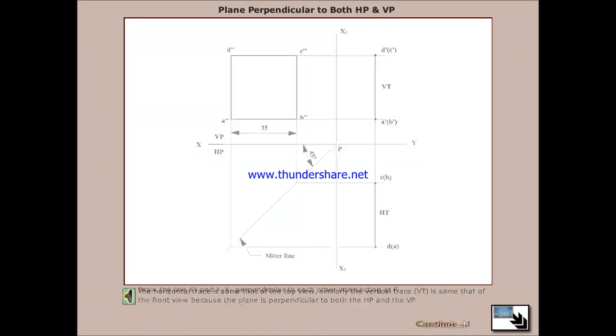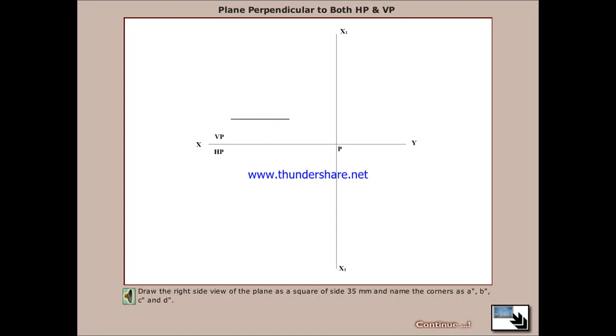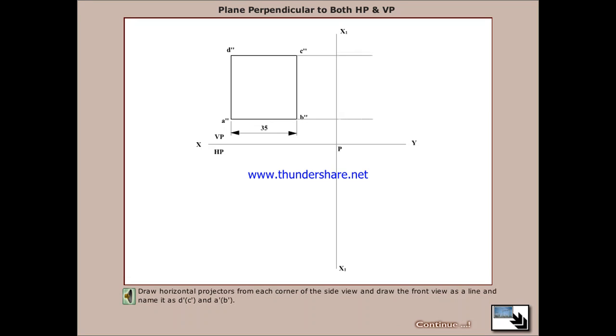Once again. Draw the line XY and X1 perpendicular to each other intersecting at P. Draw the right side view of the plane as a square of side 35 mm and name the corners A double dash, B double dash, C double dash and D double dash. Draw horizontal projectors from each corner and draw the front view as a line, D dash, C dash and A dash, B dash. From P, draw a meter line at 45 degrees to XY.